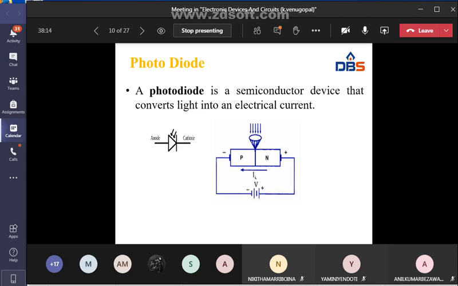Reverse biased condition means the P side of the photodiode is connected to the negative terminal of the battery and the N side is connected to the positive terminal of the battery. So the photodiode is a PN junction diode that consumes light energy and produces electric current.